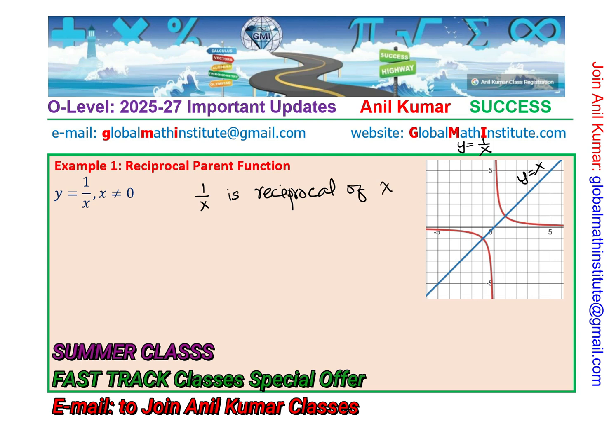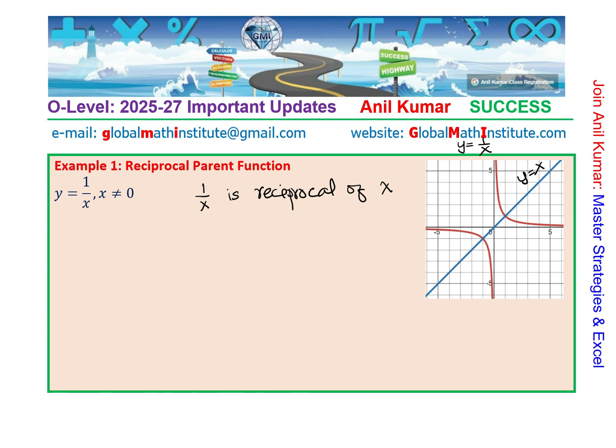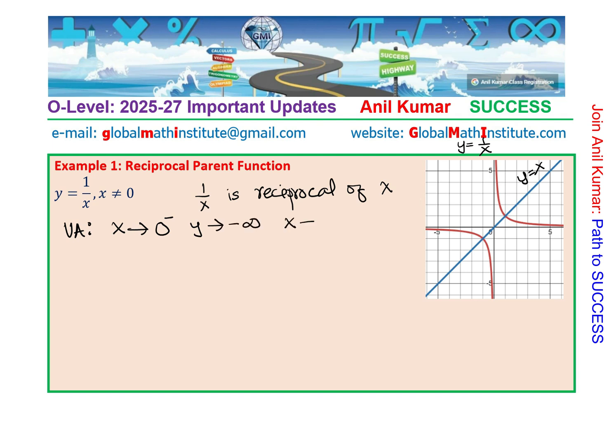Now, here you can clearly see all the points which we discussed. Let's begin with the vertical asymptote. The vertical asymptote is a restriction on the domain of the function. You see, x is not equal to 0, right? So what is happening at the vertical asymptote is that when x approaches 0 from the left side, y approaches negative infinity, and when x approaches 0 from the positive side, meaning the right-hand side, y approaches positive infinity.